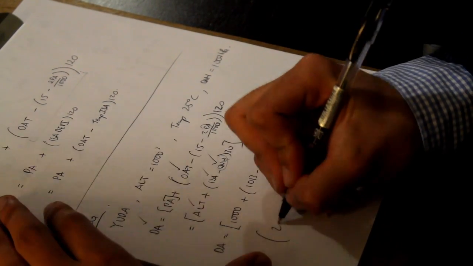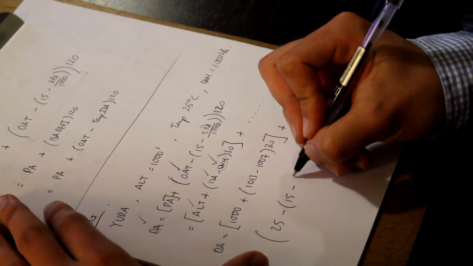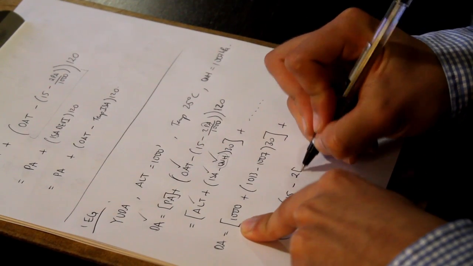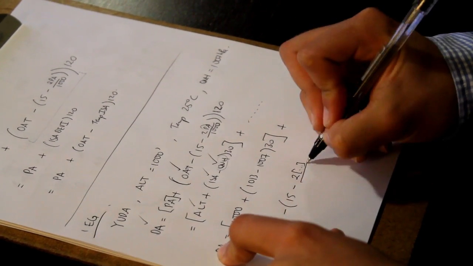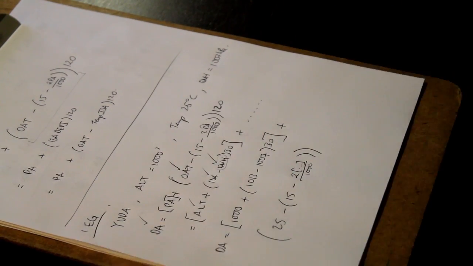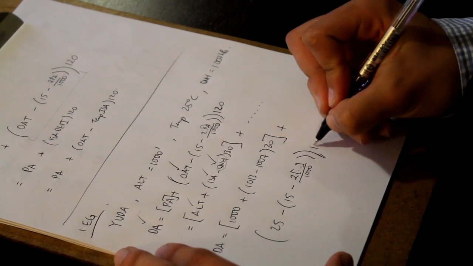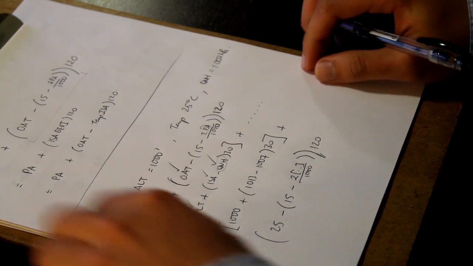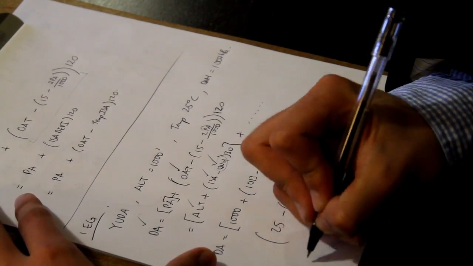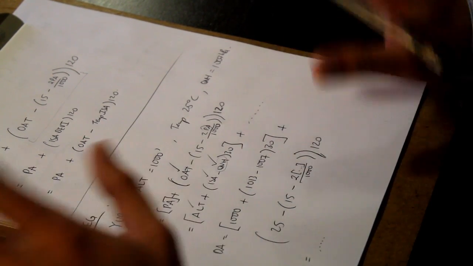Temperature 25 minus 15 minus 2, and whatever the square bracket stuff is, so I'm just going to go square bracket dot dot dot over 1000. You know what it means, so you can do that in the exam as well, as long as you answer it. Eventually you'll get to an answer. I can guarantee you that. Everything's numbers, so it becomes a number.